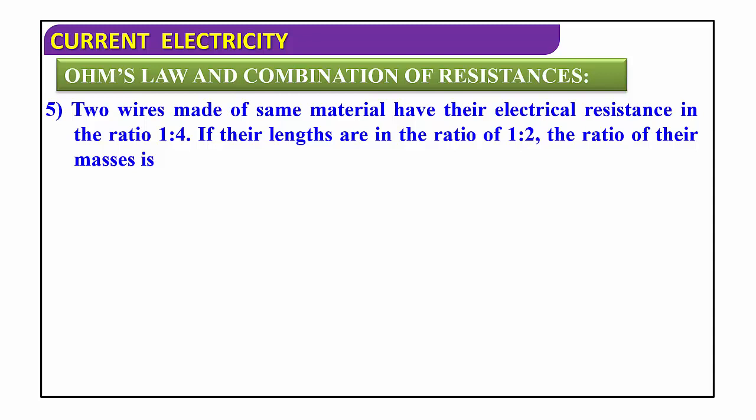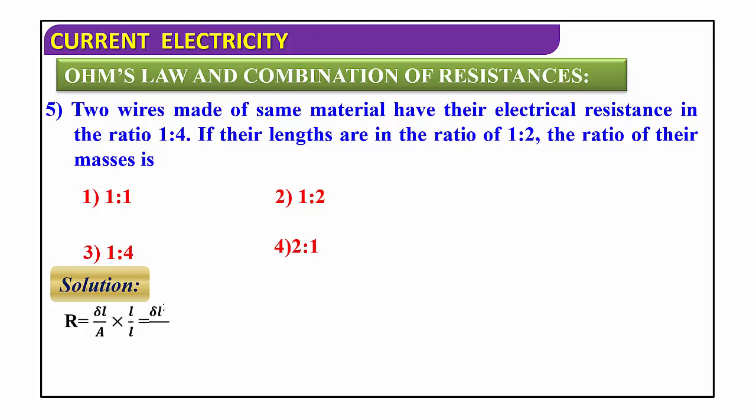Their mass ratio is? Come to the options here, they have given 4 options. Let us observe the solution. You can observe this equation. We know that resistance is directly proportional to the length of the wire and inversely proportional to the area.